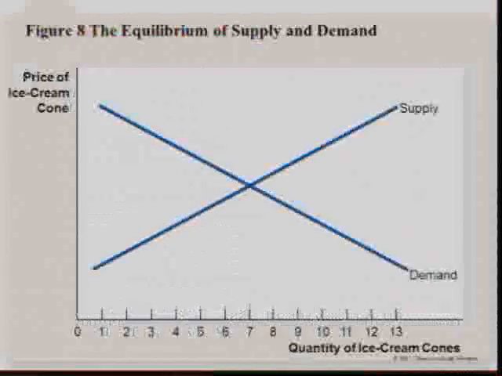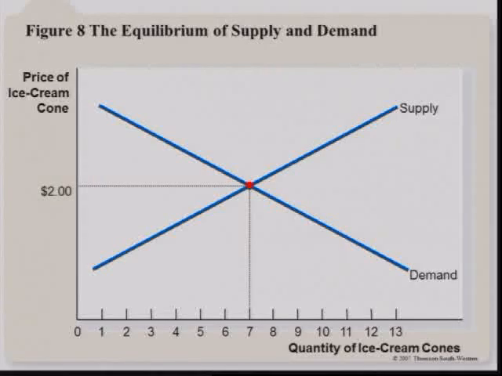Okay, so for this graph over here, we're still talking about ice cream cones. By the way, when we were talking about production possibility curves, remember that was two products, Snickers and Starburst, computers and cars, right? We were talking about production.